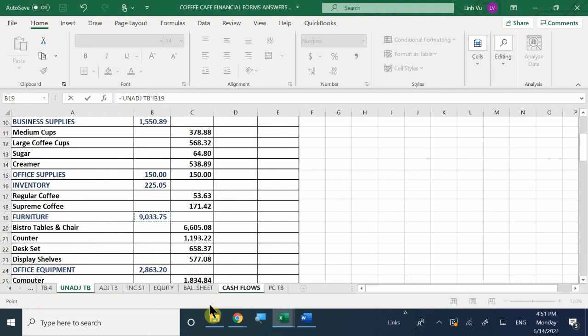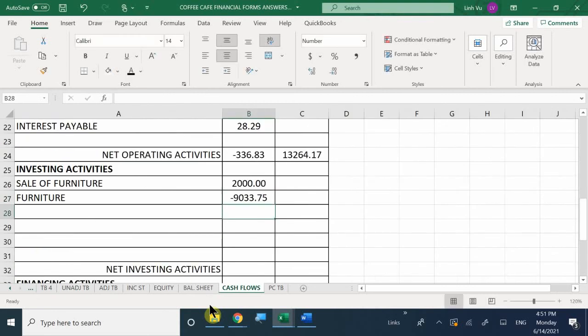And I have to record it at historical cost, because I already added back the depreciation. So again, investing activity: we're looking at how much we actually purchased for the company. So we have to look at historical costs here. So there you go, furniture, which we originally purchased for $9,033.75, which, again, is that cash that we have? No. We spent it in order to buy it.